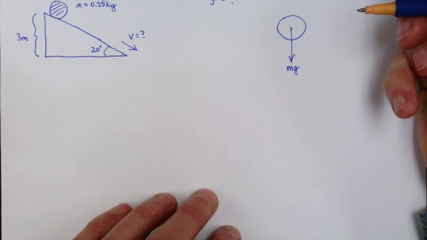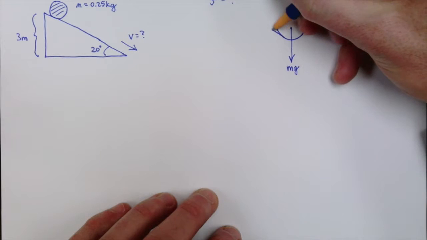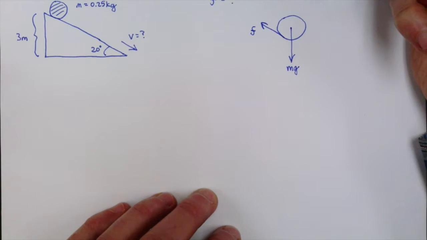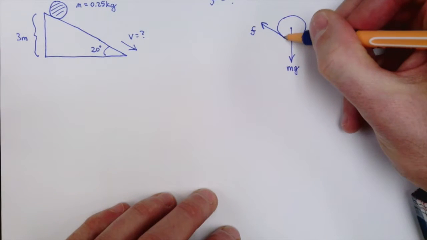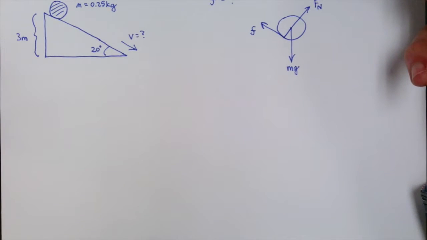We draw that coming from the center of mass. There is a friction force acting on the disk, and that's going to be parallel to the ramp, and therefore tangent to the disk itself. And finally, there is a normal force that would be perpendicular to the ramp. So that's what the three different forces acting on the disk look like.